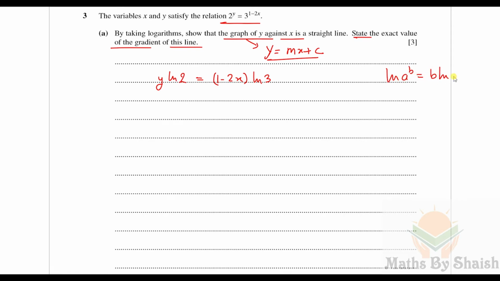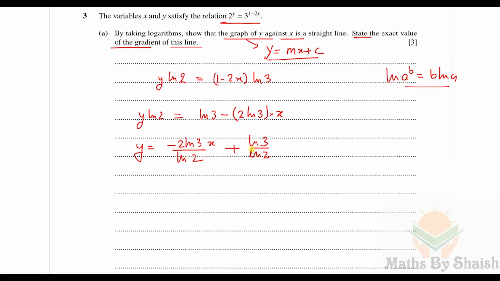So it becomes y ln 2 = ln 3 - 2 ln 3 times x. We can rewrite it as y = (-2 ln 3 x) / ln 2 + ln 3 / ln 2.